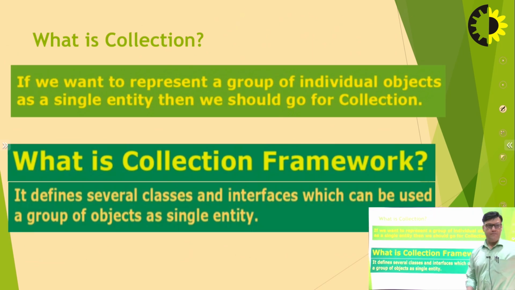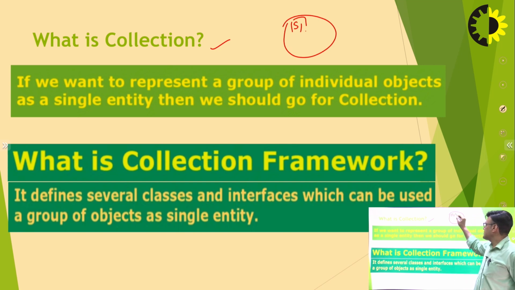Now we can come and define the definition key, what is collection. So in Java, what is collection? We can define a collection as a group of individual objects. We want to see those groups. For example, I can see this is the student object S1, student object S2, student object S3, another object S4.